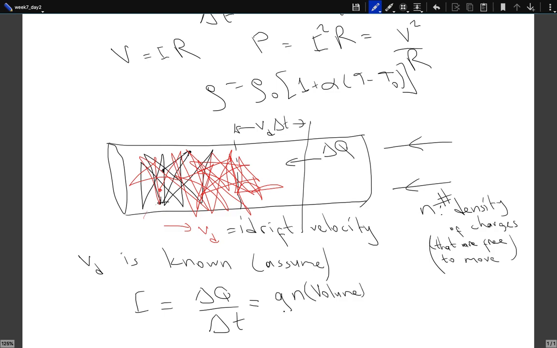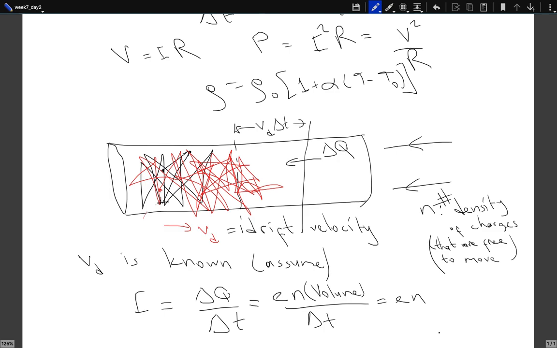Let me just separate out the Q, or E. Minus E is the charge of an electron. So density times the volume gives me the total number. If I multiply it by the E, it gives me the total charge, divided by delta T. And the volume, you can think of as a cylinder.